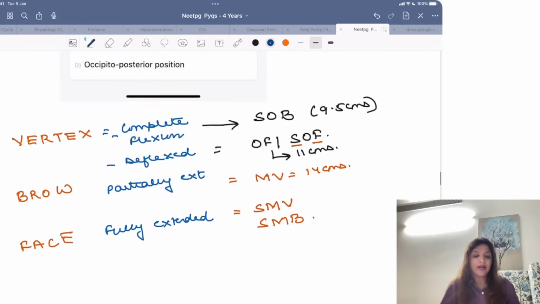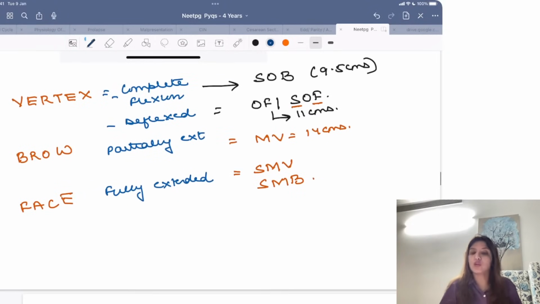Right? Okay. Now, vertex presentation is also seen when the head of the baby is deflexed, and when the head of the baby is deflexed, then the diameters which come into play are occipitofrontal diameter or suboccipitofrontal diameter. Then in brow presentation, the head of the baby is partially extended.